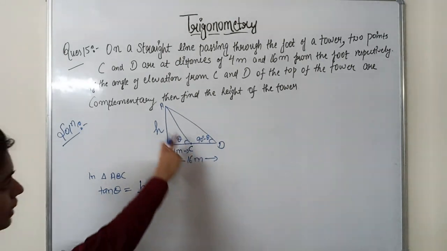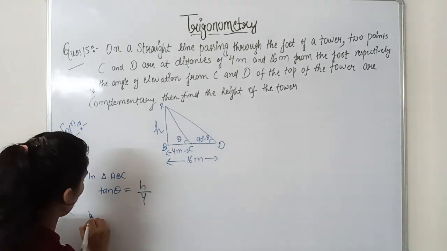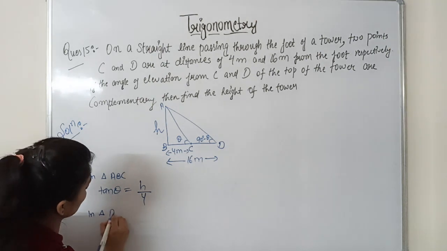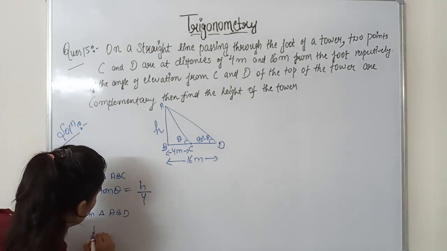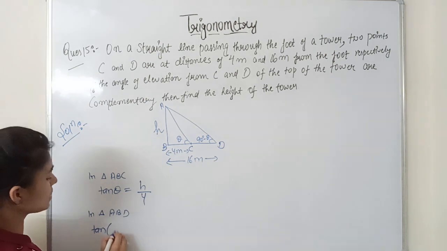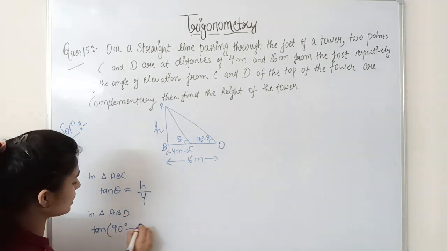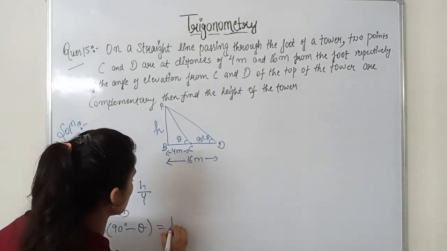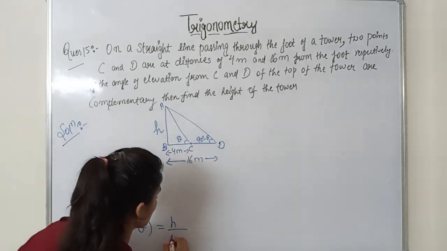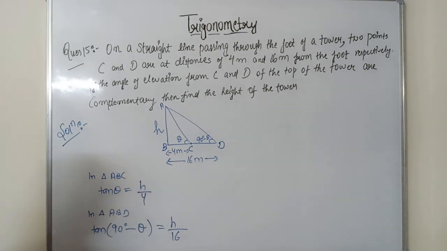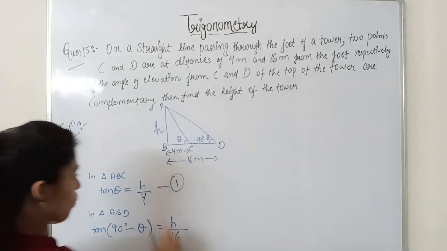Okay. And in triangle ABD, tan of 90 degree minus theta, height is h and the base is 16, so h upon 16. This is equation 1.